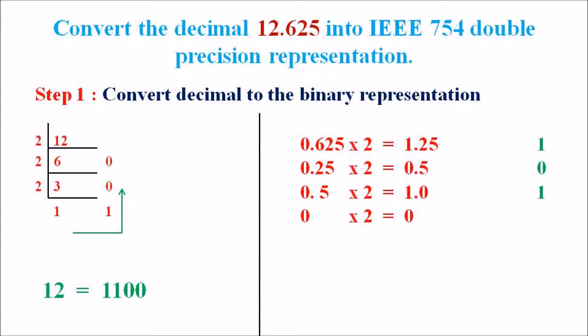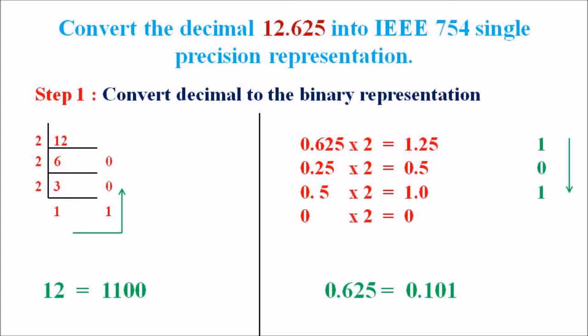So 0.25 times 2 gives 0.5. We take the whole number portion 0 into the result, and the rest, 0.5, is multiplied again by 2, which gives 1.0. This 1 is taken into the result, and the rest is 0, and 0 times 2 is exactly 0. So the decimal fraction 0.625 can be represented in binary as 101.